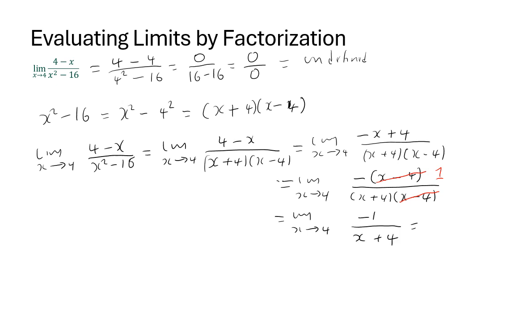Now we can easily substitute the limit. Wherever we have x, we should replace it with 4. So we'll have minus 1 over 4 plus 4, so we'll have minus 1 over 8.